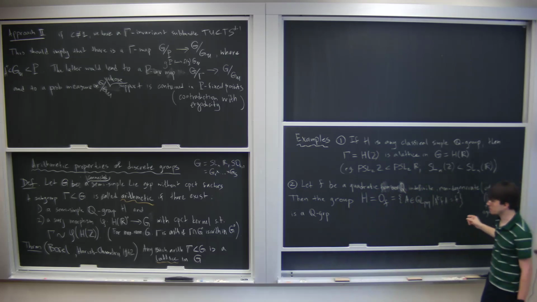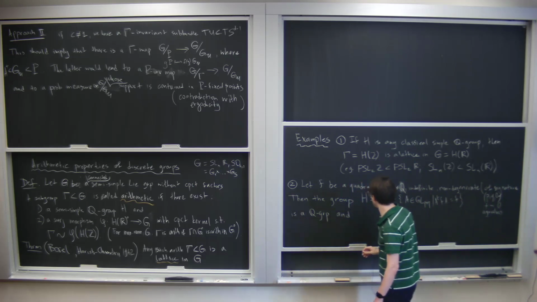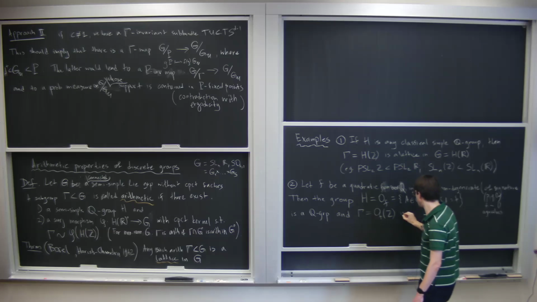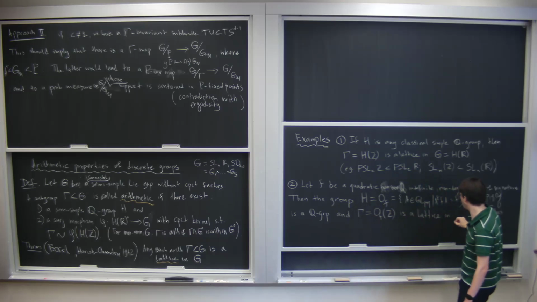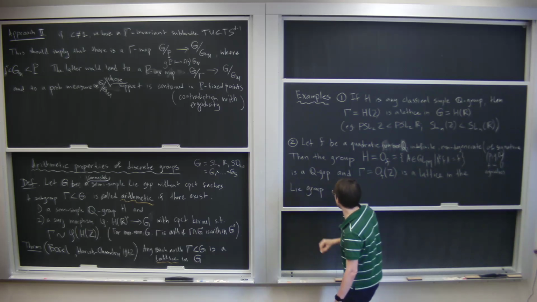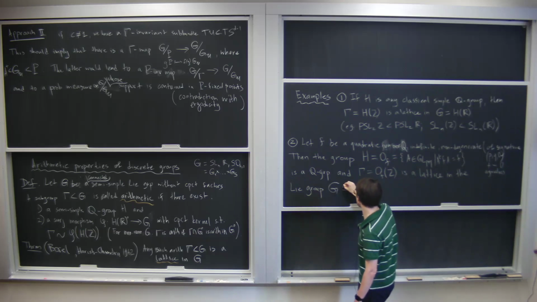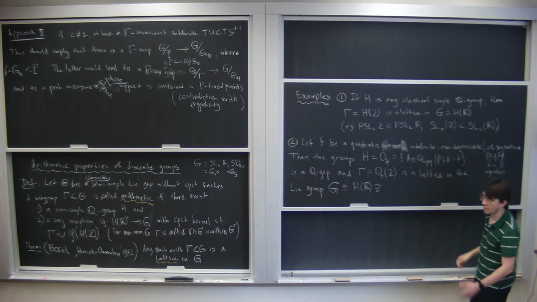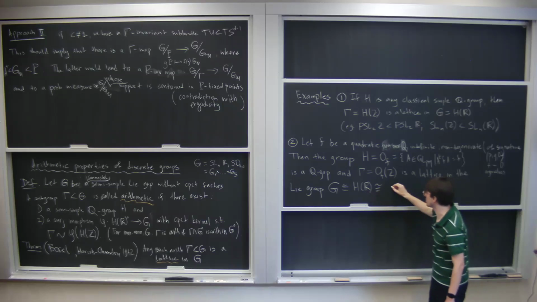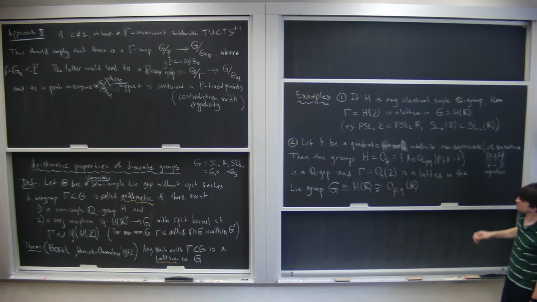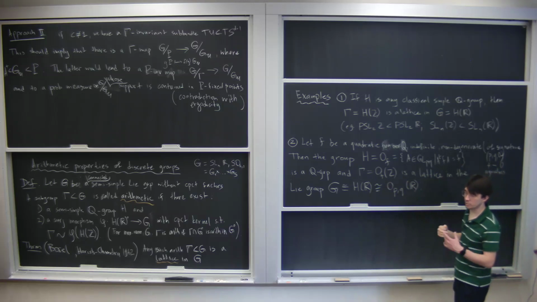So this is a Q group, and gamma, which is O_F(Z), is a lattice in the Lie group G, which is identified with H of R. Because of this choice of F, this group is precisely O(p,q)(R).